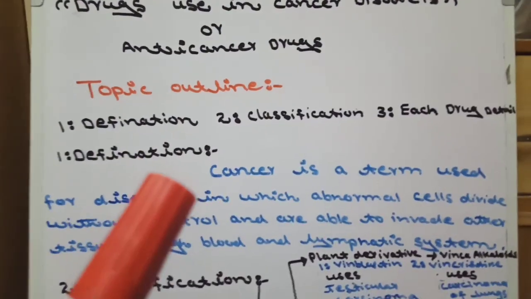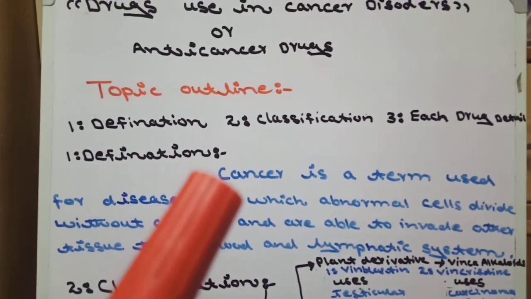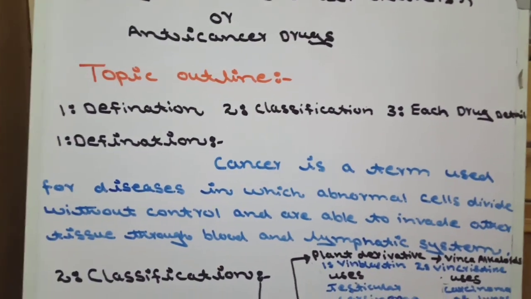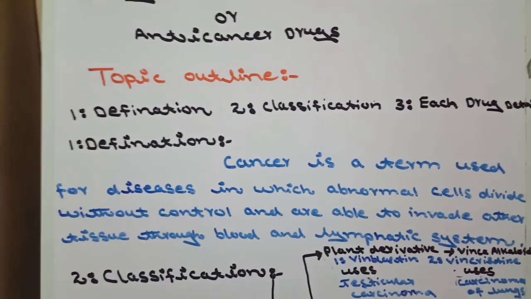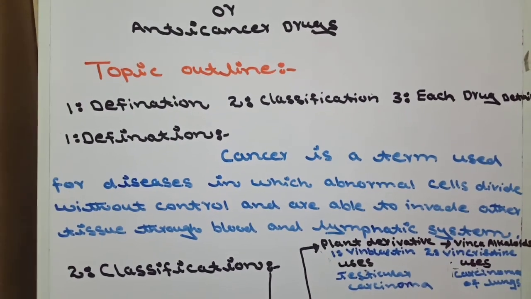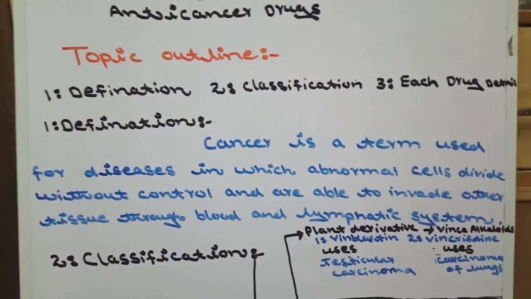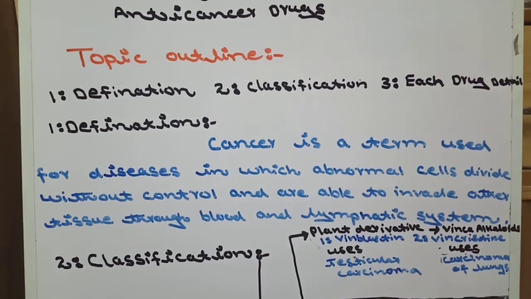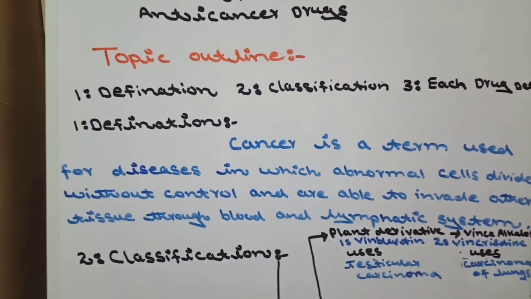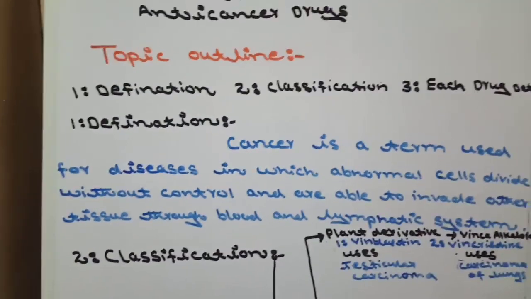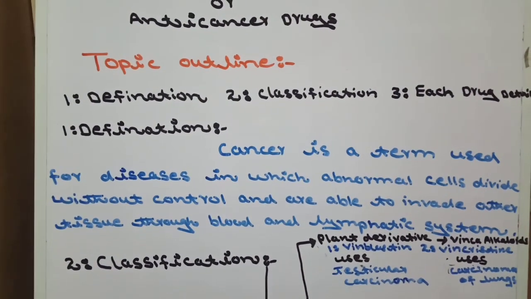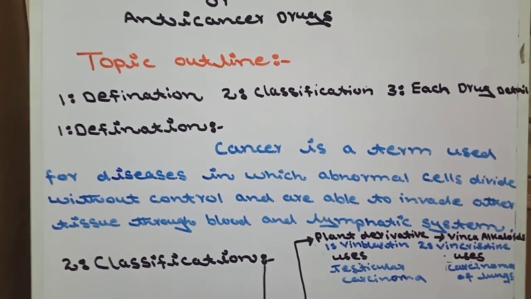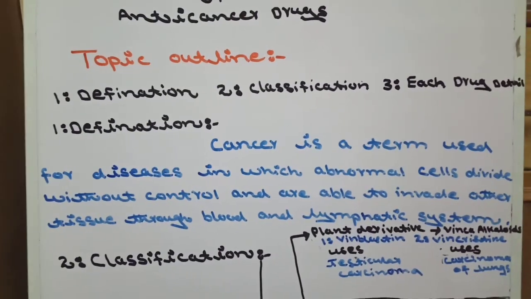What is cancer? Basically, the term cancer is used for diseases in which abnormal cell division occurs, not normal cell division. Abnormal cell division occurs without control. Generally cell division is under control, but when it becomes uncontrolled, it is called cancer.